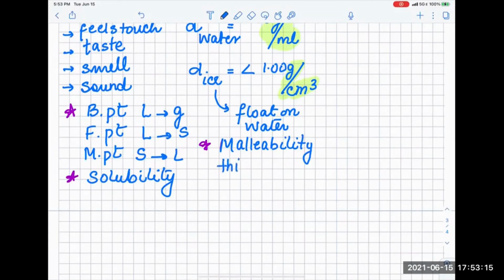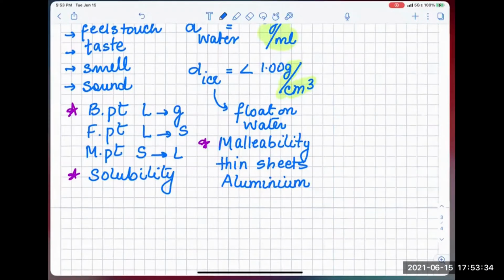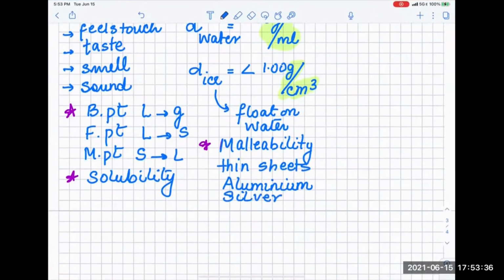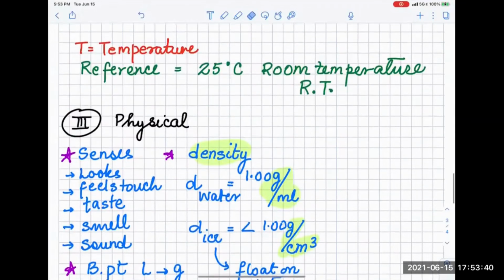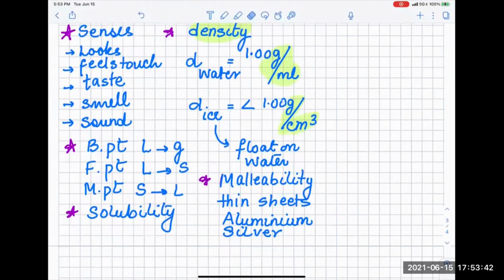Let's say for example, aluminum foil. Can you beat it into thin sheets? Silver foils, right? Aluminum can be made into thin sheets. Generally metals, silver can be made into thin sheets. Okay, and I'm going to remove this here so we get the chemicals later. So that's malleability. We can make them into thin sheets.